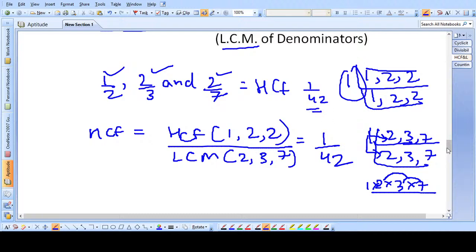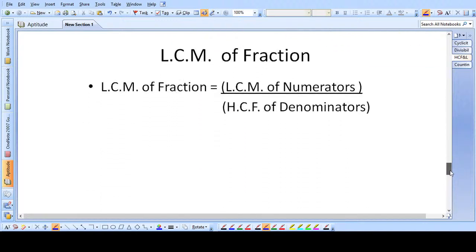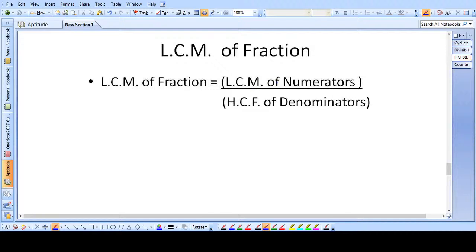Very simple. Now let's go for the LCM of a fraction. It's the same thing: take the numerators and find the LCM of the numerators, then take the denominators and take the HCF of the denominators. Let me take the same example, 1 by 2, 2 by 3 and the last one 3 by 7.